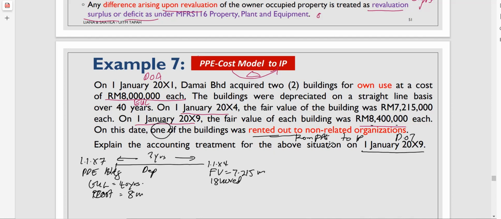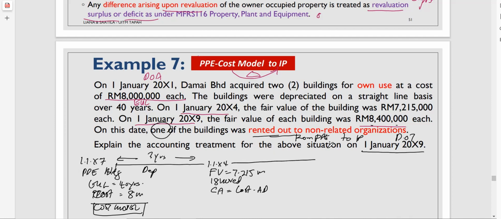Why? The company uses the cost model. So remember, it uses the cost model. The depreciation would be provided, but no changes in fair value will be accounted for. So you need to find out what is the carrying amount here, which is cost minus accumulated depreciation. There is no need for you to find out what is the revaluation surplus, because this is not yet on the date of transfer.